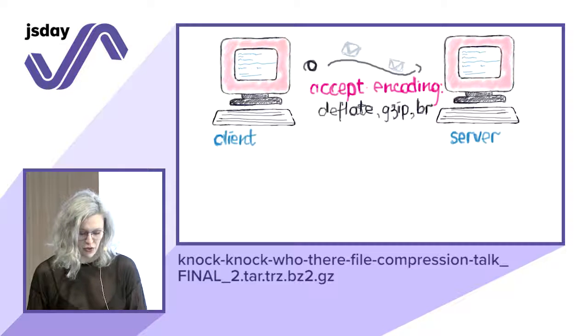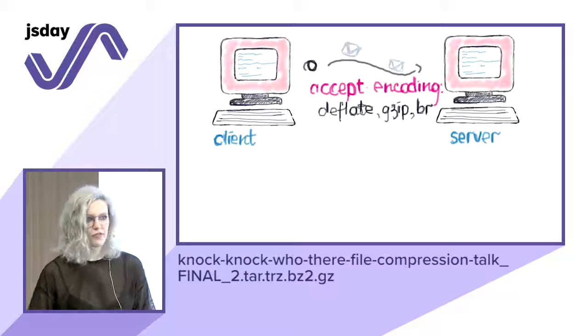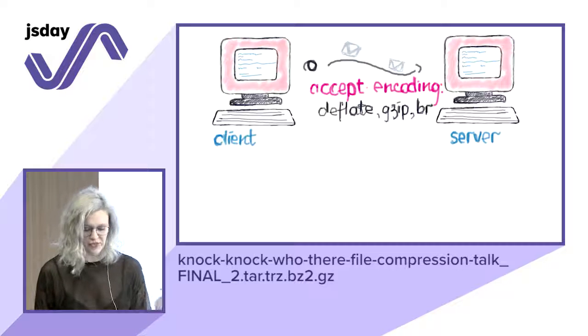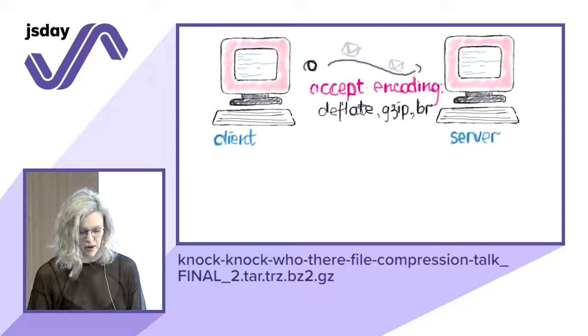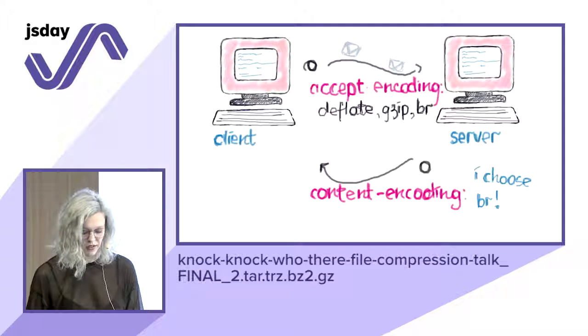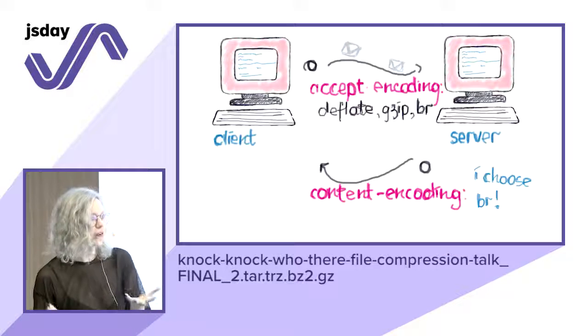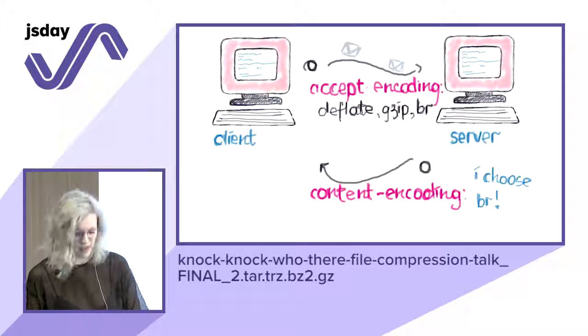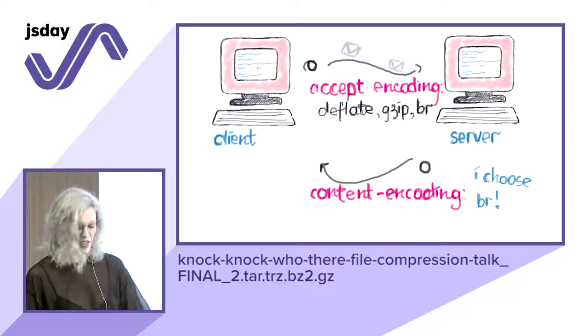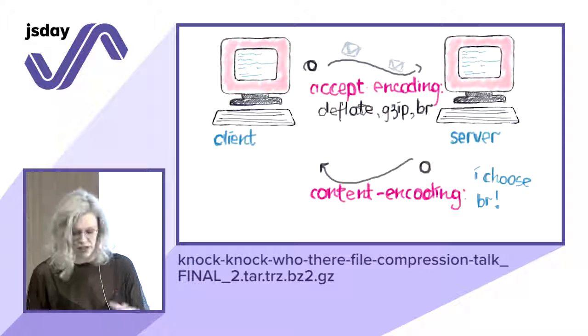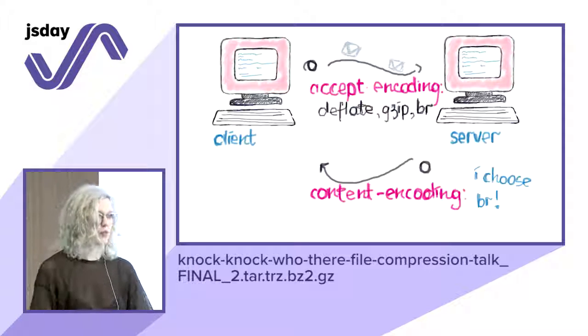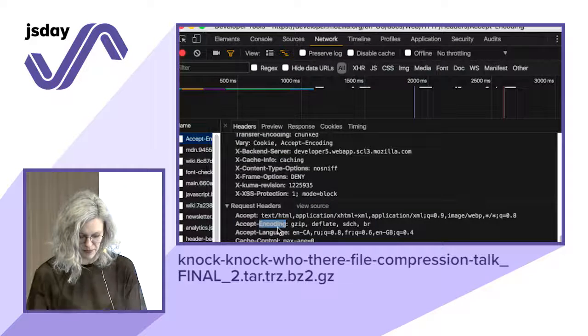This client, for example, has three different formats it can work with: deflate, gzip, and brotli. The server will send over the stuff based on whichever way it wants to handle that. Because it has three different ways it could handle it, it can choose one of the three. So it could send it over in brotli, gzip, or deflate.